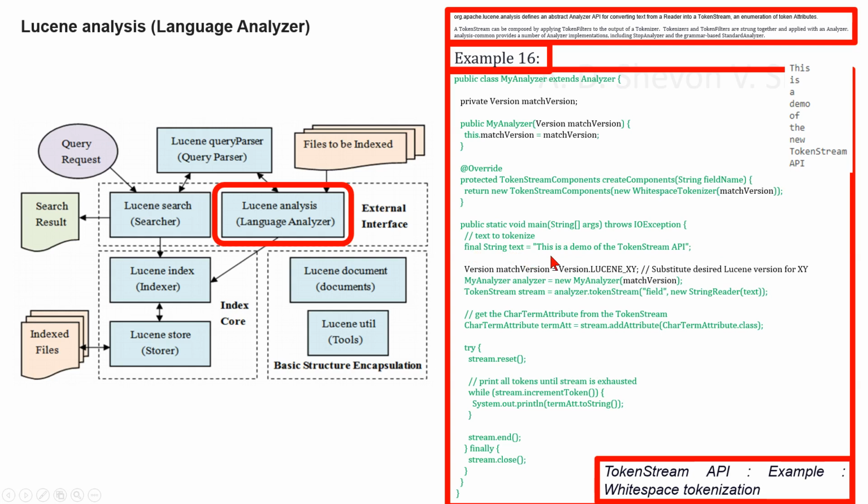Text to tokenize. Substitute the desired Lucene version for XY.